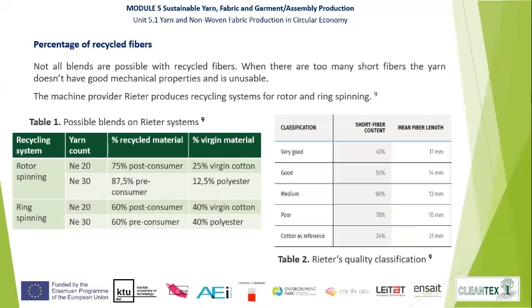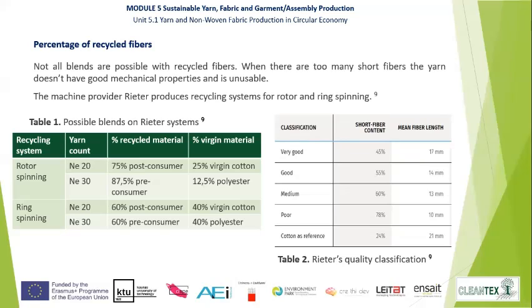As you can see, for rotor spinning, it is possible to use up to 87.5% of pre-consumer recycled material. For ring spinning, it is possible to use up to 60% of pre-consumer or post-consumer recycled material. For rotor spinning, it's only 75% of post-consumer recycled material.